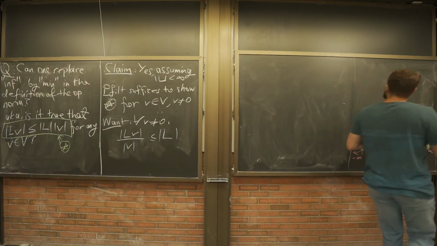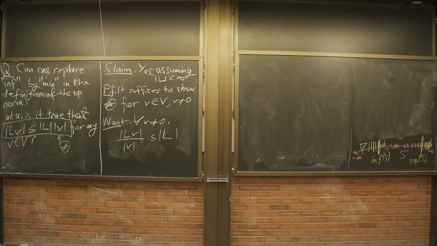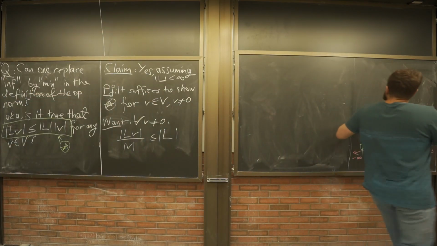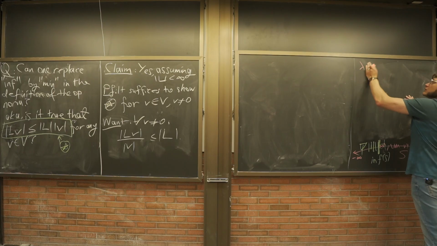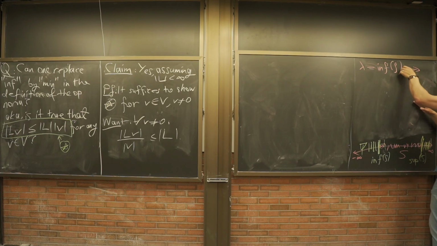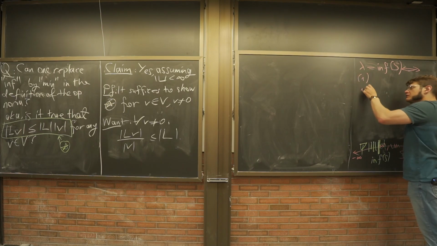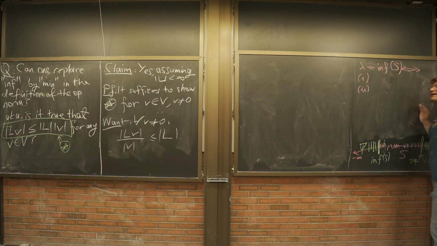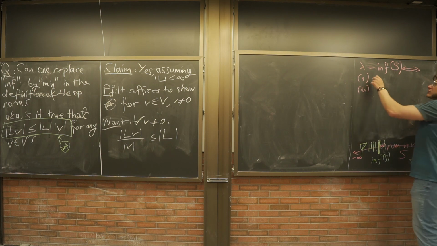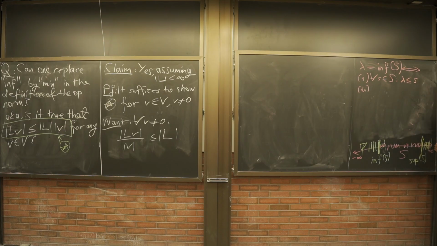So now this is a more operational way of thinking about it. So let's say lambda, let me use a color here. Lambda is the inf of the set that is non-empty and bounded from below if and only if two things happen. First of all, I need to have that lambda is a lower bound. So for any s in S, lambda lower bounds s.